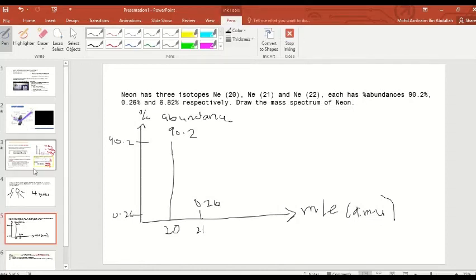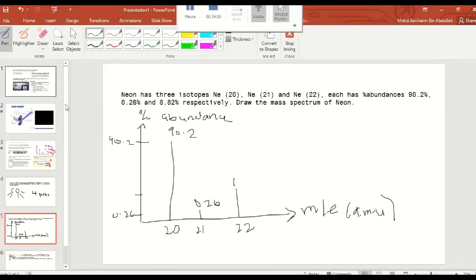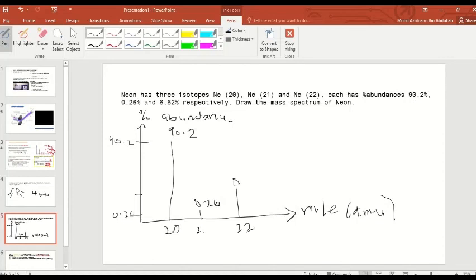So next kita ada lastly adalah neon 22. Okay, so neon 22 8.82. So 8.80 I'll just take here lah sikit. So dekat sini, so neon 22, 8.82.